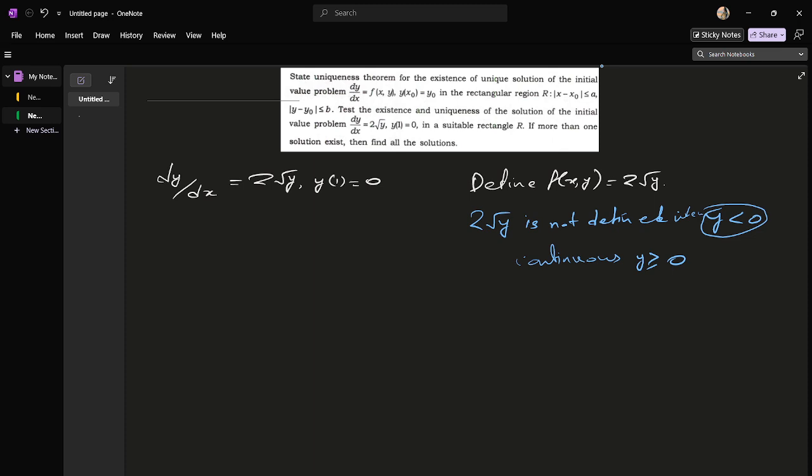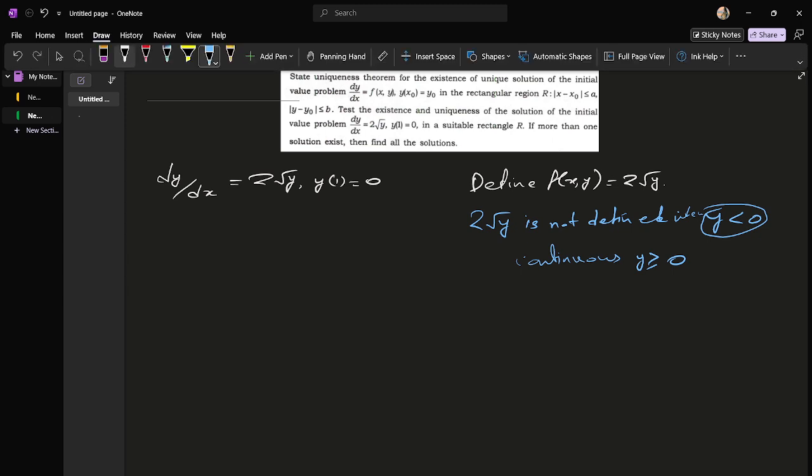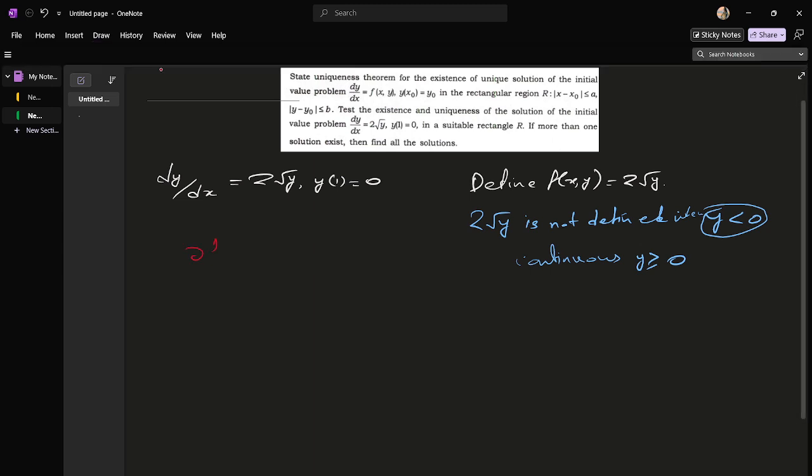Now for the Lipschitz condition with respect to y, we can check that ∂f/∂y is equal to 1/(2√y) times 2, so the 2 cancels out and it is 1/√y.